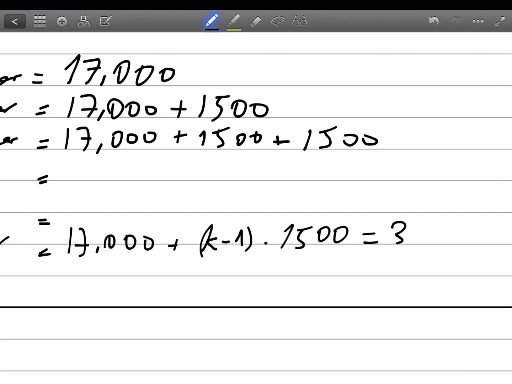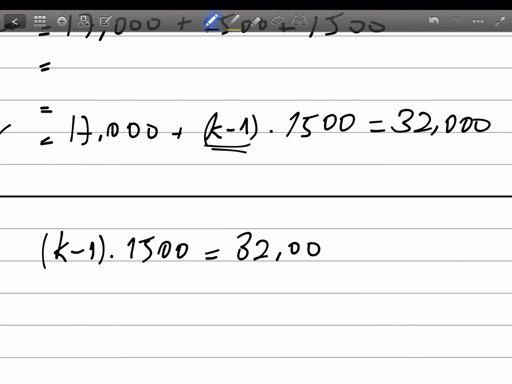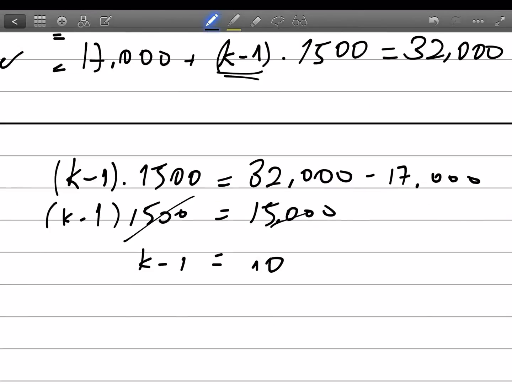That will be equal to 32,000. We can easily find k from this equation. K minus 1 times 1,500, and we subtract 17,000 from 32,000. We have 15,000, and dividing by 1,500 gives us 10 equals k minus 1. K is 11. That's really easy.